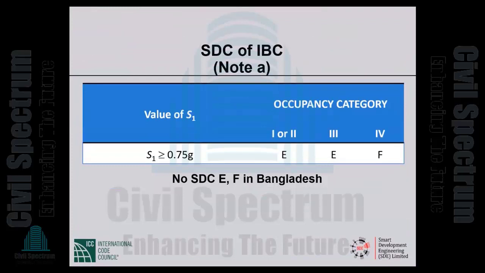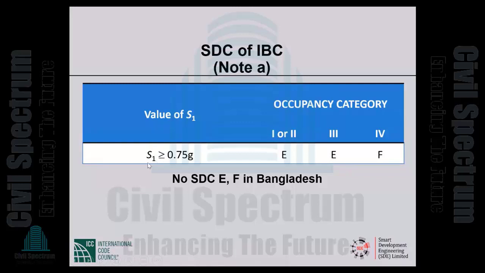Now, in the tables, you saw 4 categories. There are also design categories E and F, which depend on a quantity that is not the mapped quantity. In the other tables, it was S sub DS, S sub D1.